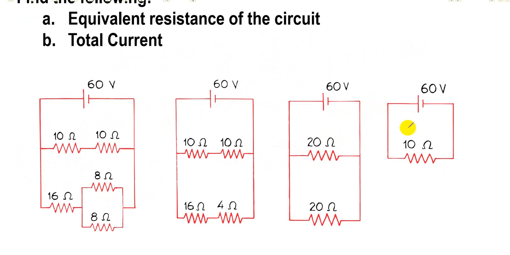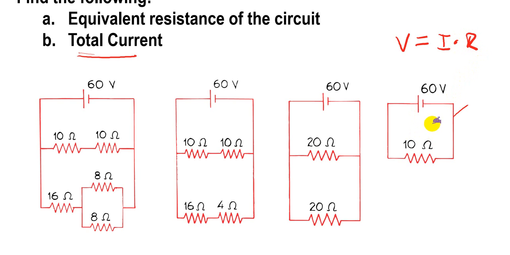Next, we are going to find the current for the simple circuit. So let's start off with this one. What's the current for this one? In order to find current, we need to know the equation, Ohm's law. Ohm's law states that voltage is equal to current multiplied by resistance.